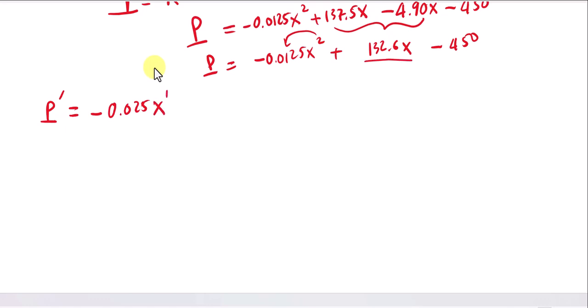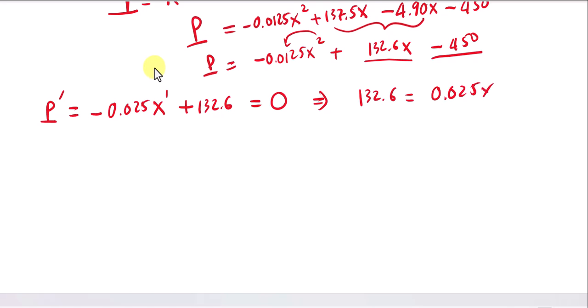The derivative of 132.6x is just 132.6, the slope, and the constant becomes 0. Then you set the derivative to be 0, and add 0.025x to both sides, and then divide by 0.025.